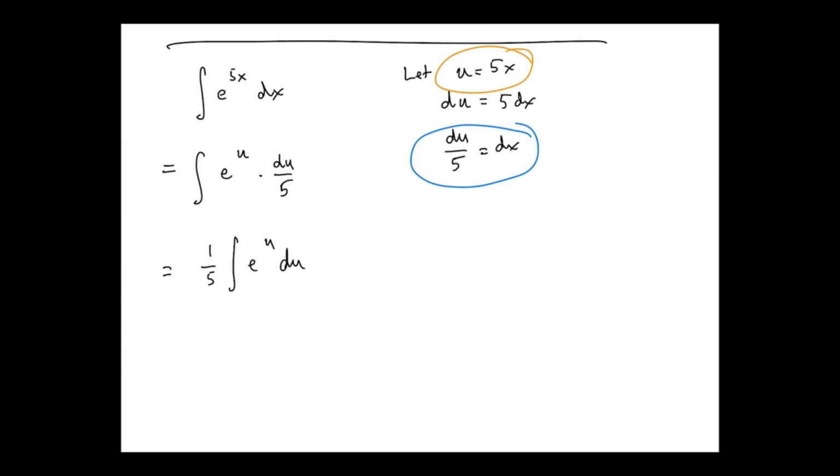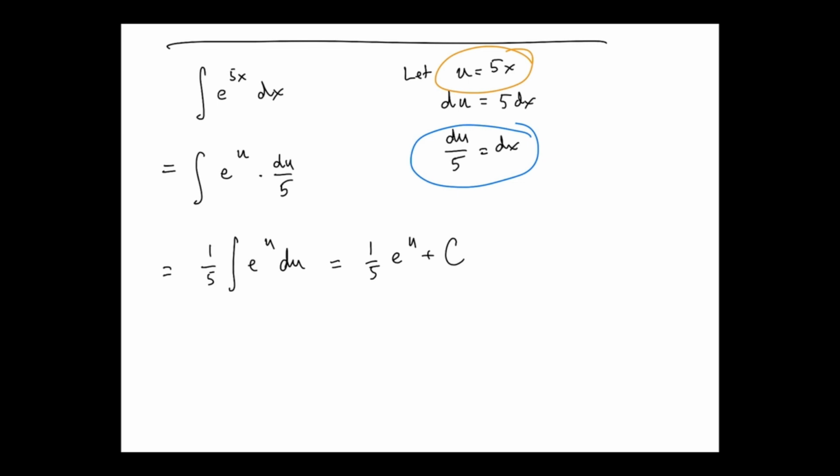The same thing's true about the derivative: the derivative of 5 times a function is 5 times the derivative of the function, so you can flip it either way. And this is perhaps an easier way to see because now in terms of u, we just have the integral of e to the u du. Well, that's easy, just itself. And then we have now 1/5 e to the u plus c.